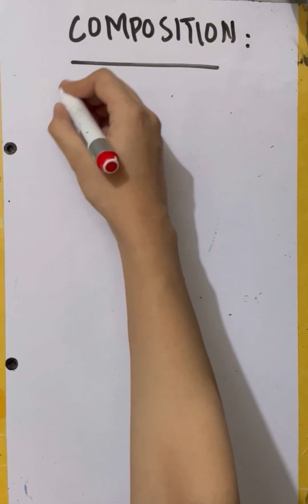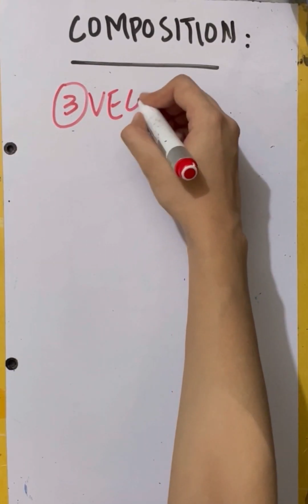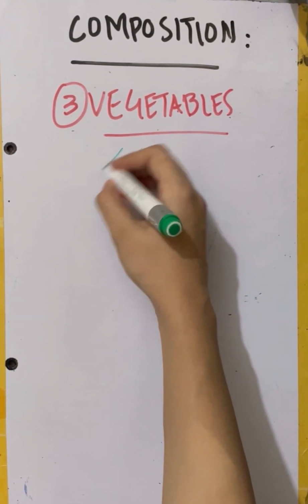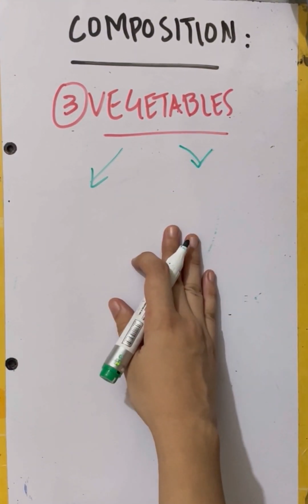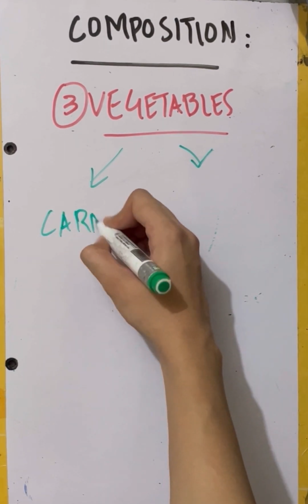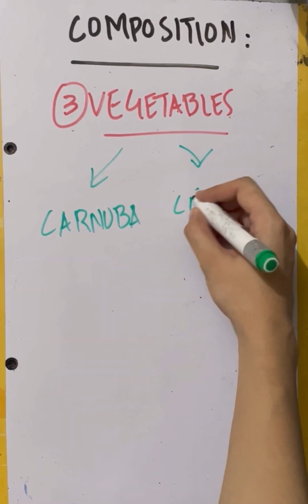The third component is vegetables. Two types of waxes are derived from vegetables and they are carnauba wax and candelilla wax.